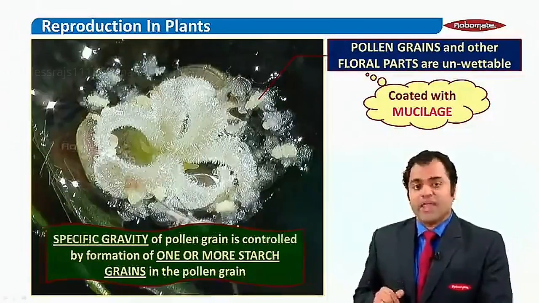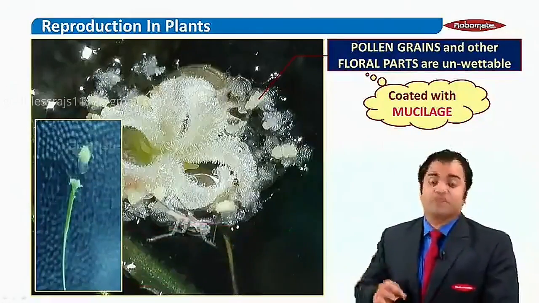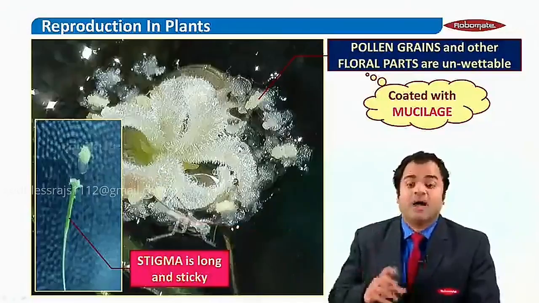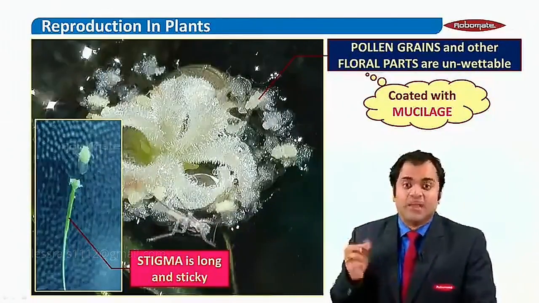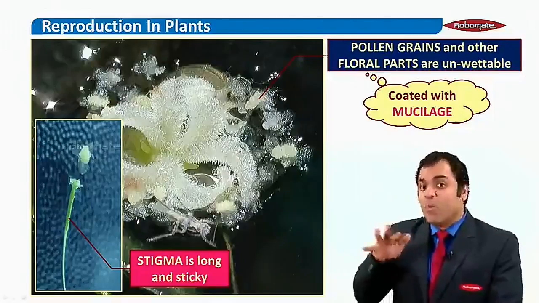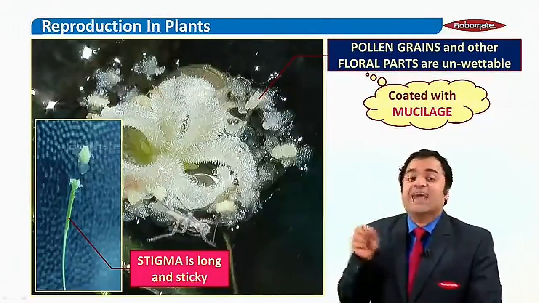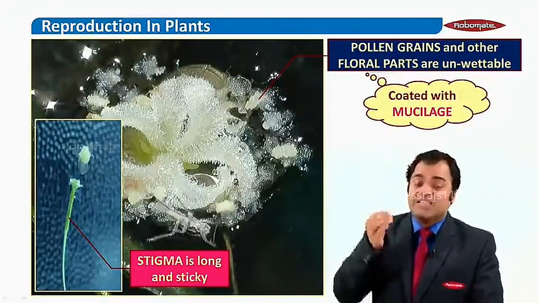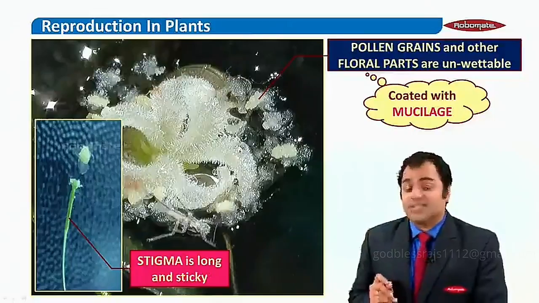Is that okay? And finally, if you try to look at the carpel, the stigma is long and it is very sticky, because remember, these pollens are in water, so they better not run away. So the stigma has to be sticky, so when the pollen sticks on them, it makes sure that fertilization happens. Does that make sense?